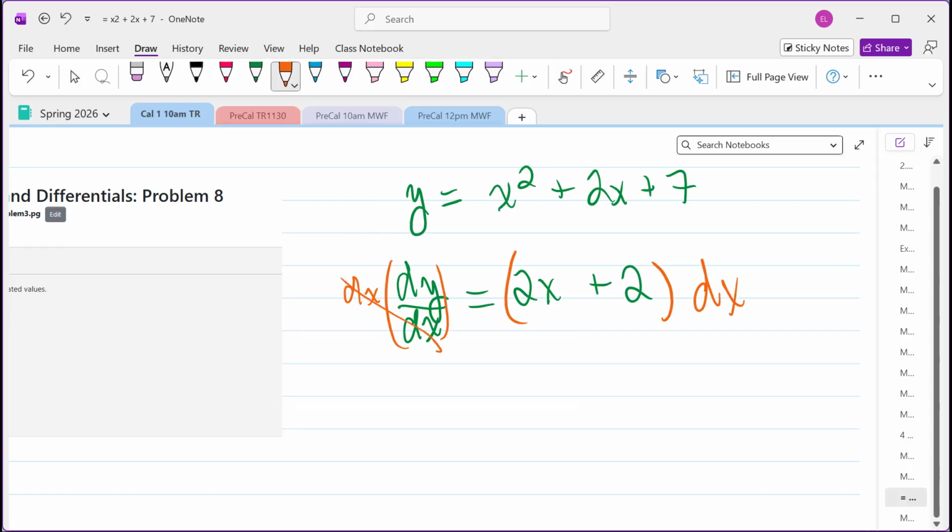I can then multiply by dx, and I have my differential equation dy equals the quantity 2x plus 2 times dx. I could distribute the dx through.